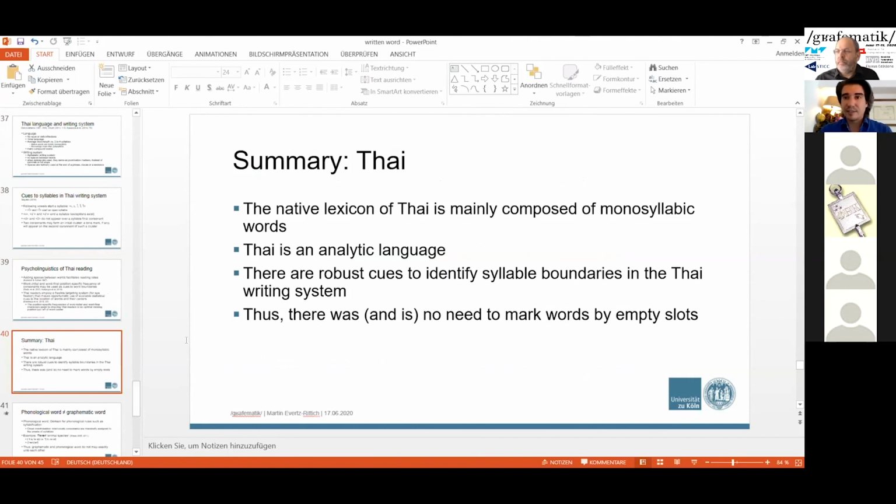And given that the native lexicon of Thai is mainly composed of monosyllabic words, it makes sense that you have quite good cues to syllable segmentation. So this might be the reason. So also it is the graphematic system of the Thai writing system that makes spacing between words unnecessary. But I have to look into it in more detail.